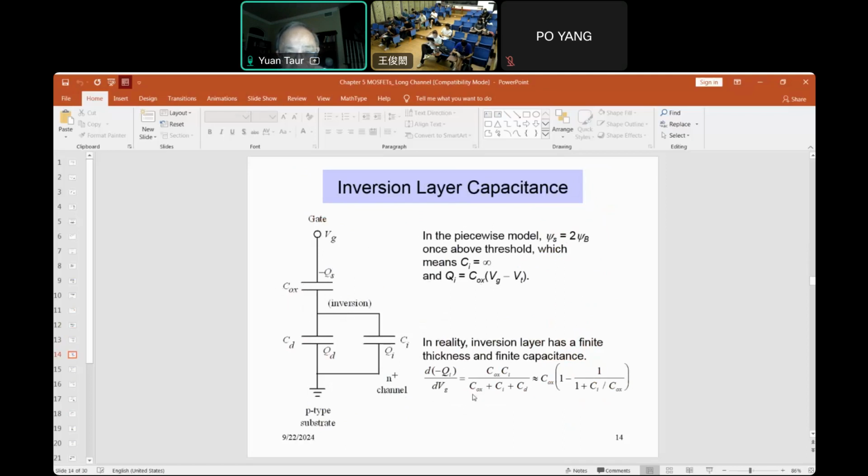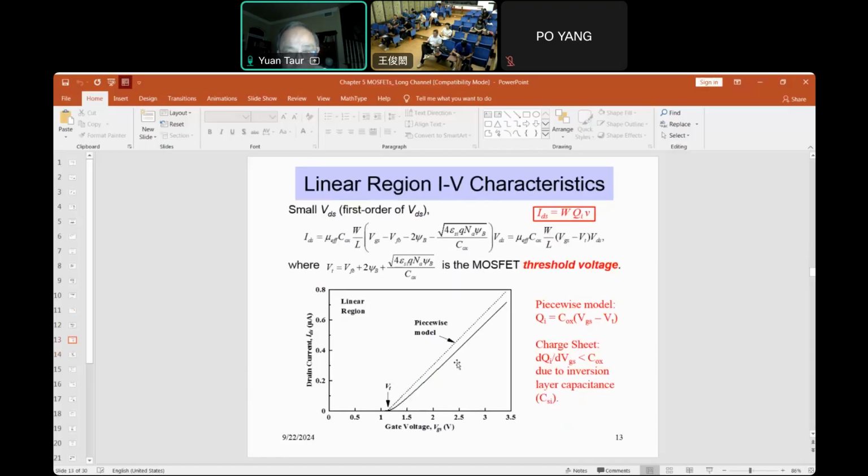But in reality, there's also a CI, then it can be expressed in this way, okay? Which is almost Cox, but a little bit less than Cox. That's what is shown by the slope. It's a little bit less than Cox, especially when you are at a low gate voltage close to VT.